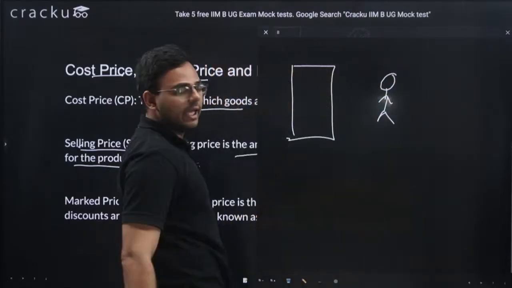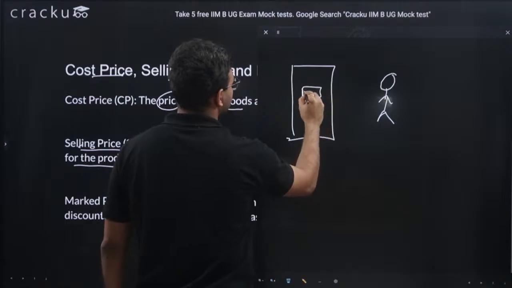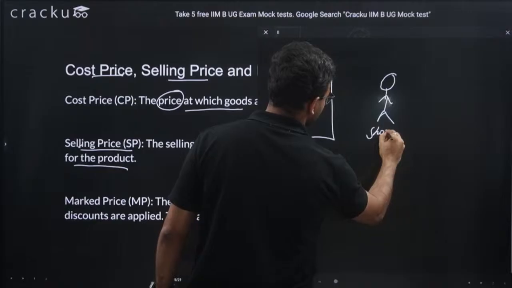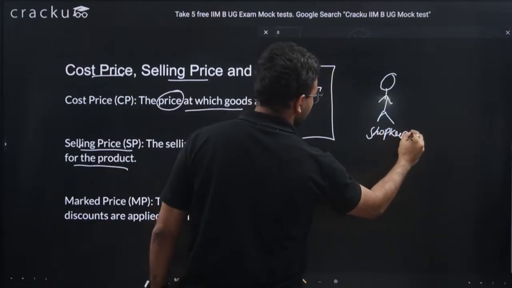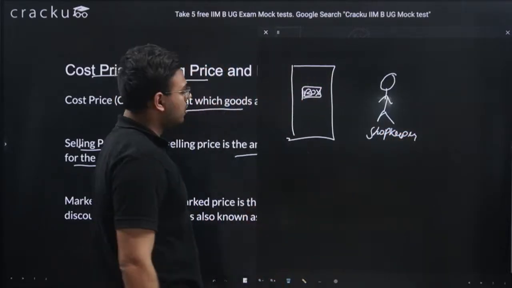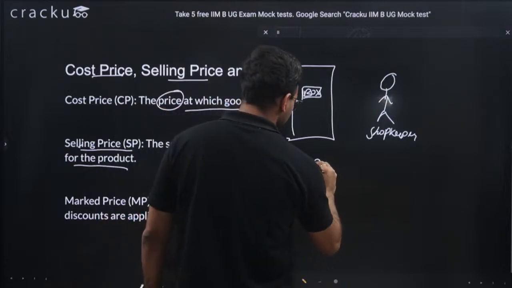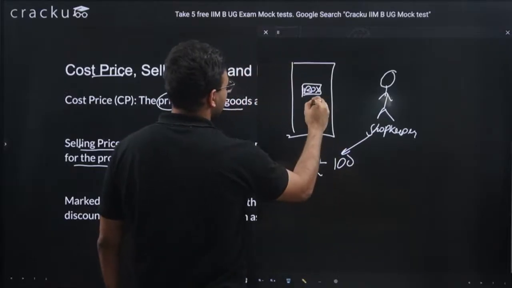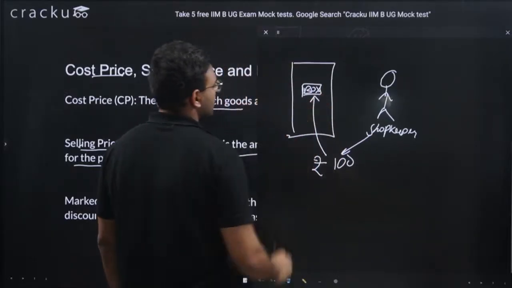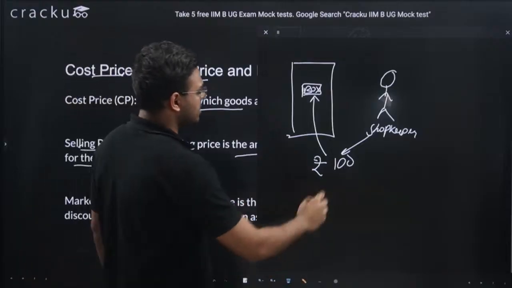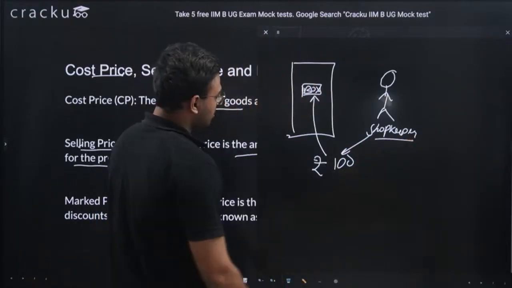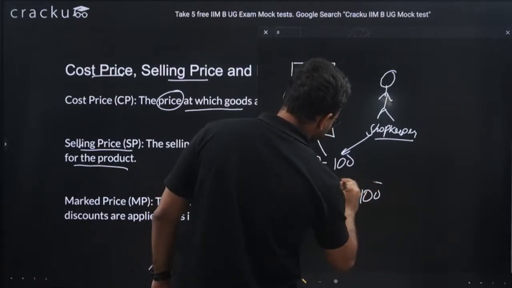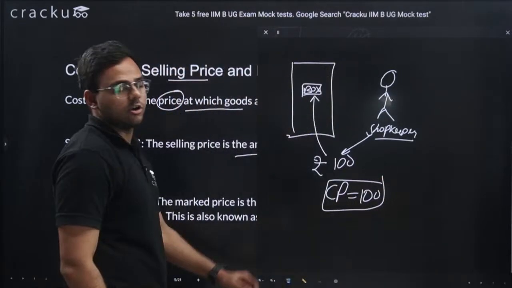Whatever price I am paying to get this box, let's say I am paying rupees 100. This rupees 100 I paid to get this box. So this is the price which is paid by the shopkeeper. So this 100 will become the cost price.